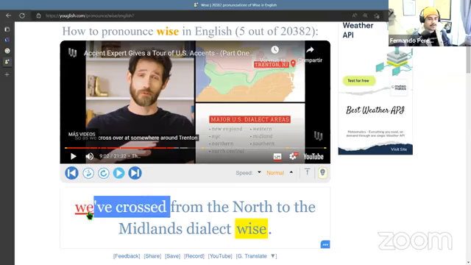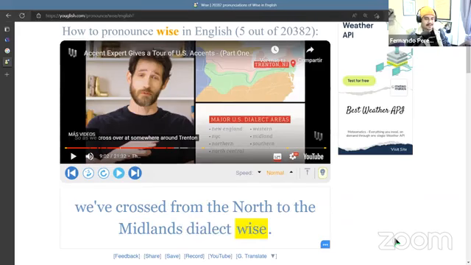So yeah, we've crossed. Well, we haven't crossed physically. We are not in this place. We are not traveling. We are studying the languages of this area, this section of the world. That's why he said dialect-wise. In a manner that involves dialect, in a way that relates to dialect. Do you understand it now?